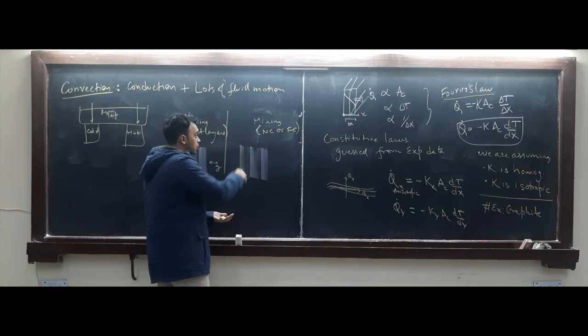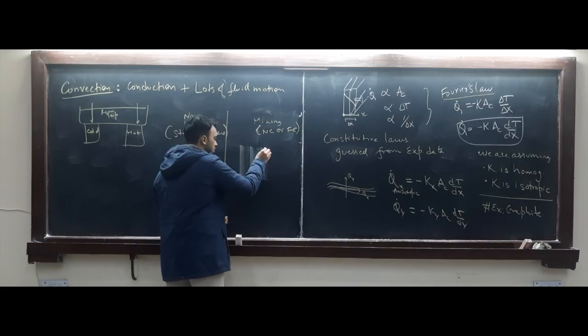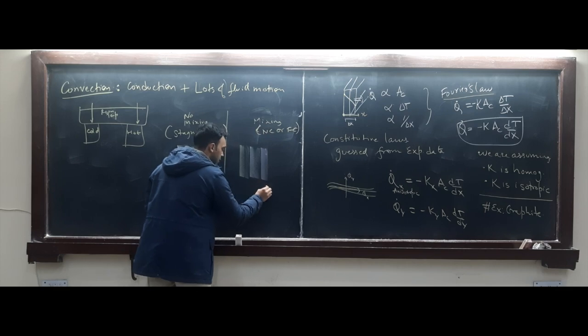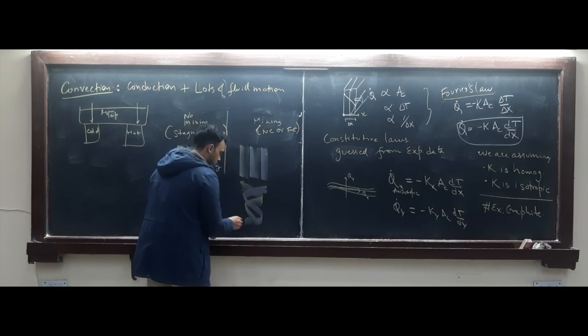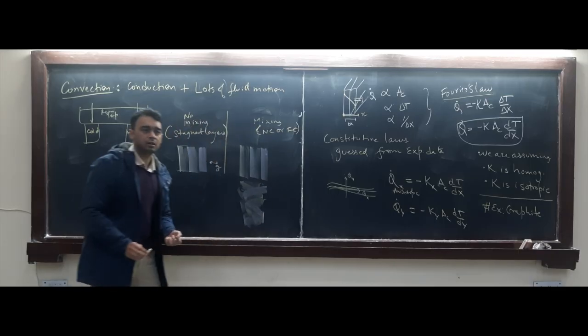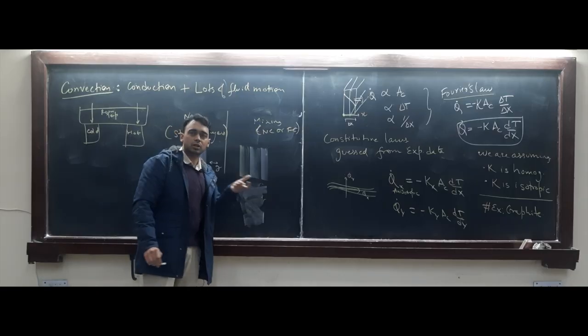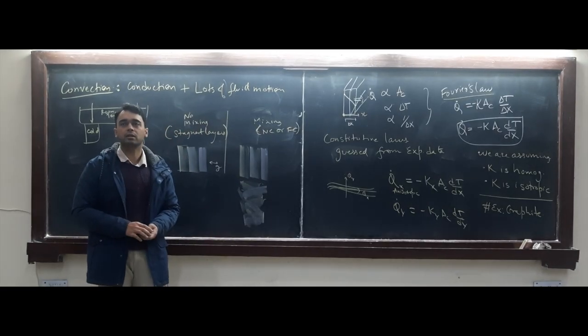Now what will happen, because of mixing, you will not have this, but instead what you will have is, you see what I'm saying? So when the chunks are close together, you have higher conduction. Does it make sense?